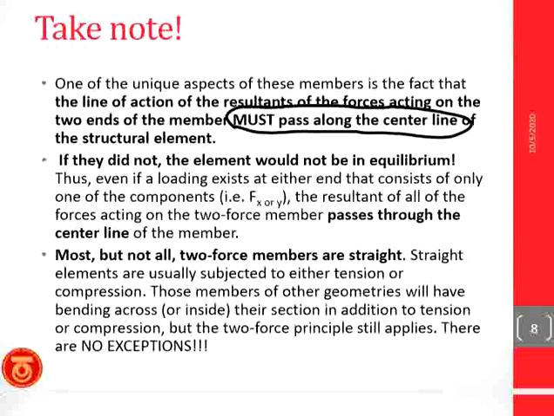Thus, even if the loading at either end consists of only one component, Fx or Fy, the resultant of all the forces acting on a two force member passes through the center line.